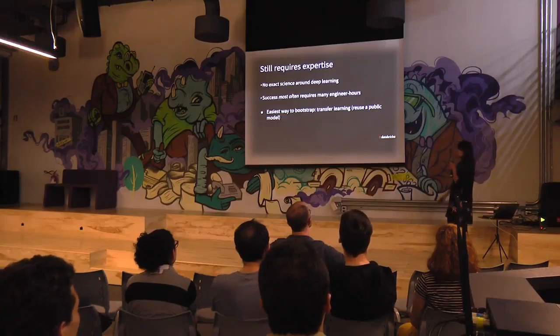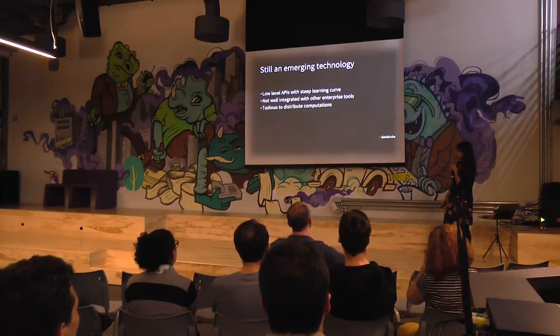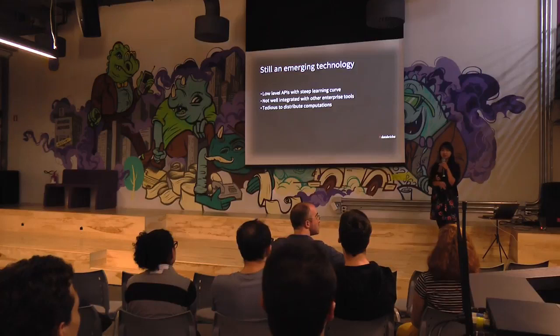So, it requires a lot of expertise. The learning curve to actually get started with deep learning is steep, and, I think the second point there, it requires many engineer hours. The reason for that is the low-level APIs. It's kind of similar to how Hadoop MapReduce was for big data back in the day, 10 years ago.